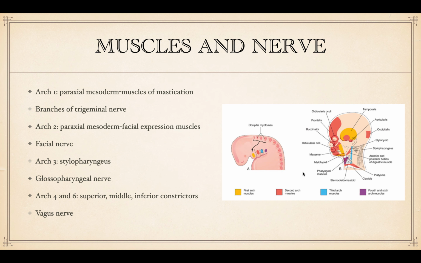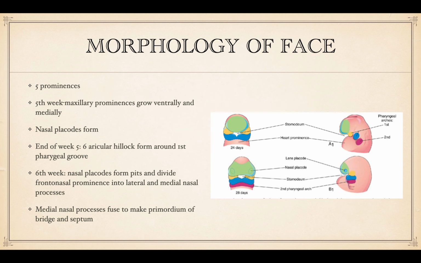Arches 4 and 6 are going to make the superior, middle, and inferior constrictors of the throat, like the omohyoid and the infrahyoid and all of those. Those are innervated by the vagus nerve, cranial nerve number 10, and they also make a bunch of cartilages in the throat, like the cricoid, the thyroid, and the arytenoid cartilages.